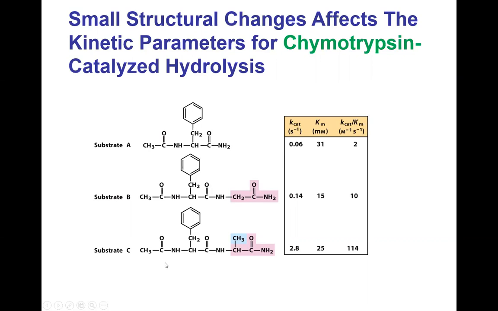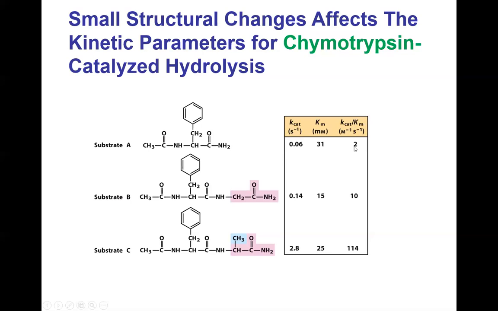When they took substrate C, where they put a methyl group on that carbon, kcat improved even further. Look at this, 2.8. And Km became worse by almost twofold.